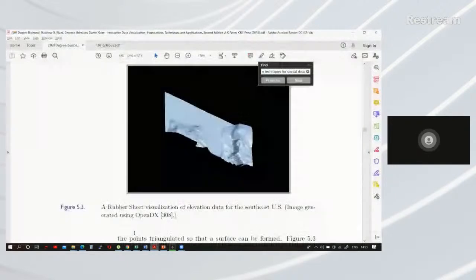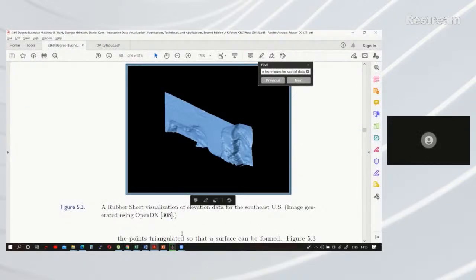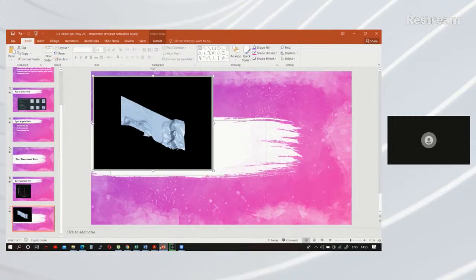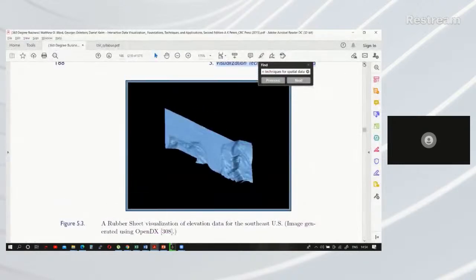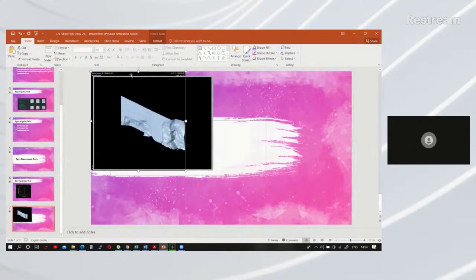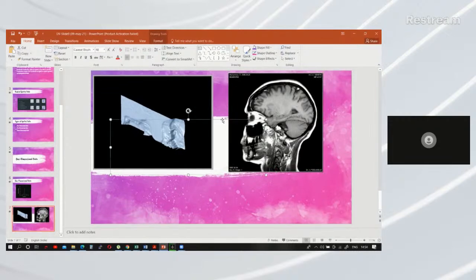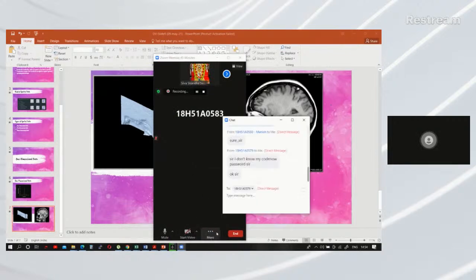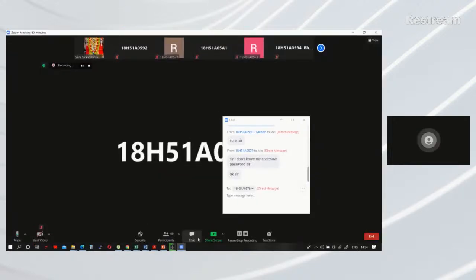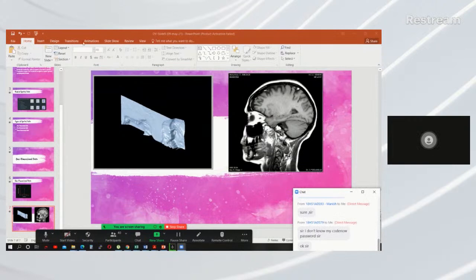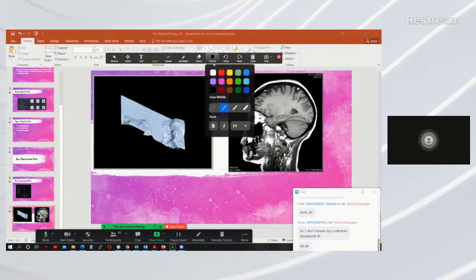So let us see, let us show you one 3D visualization thing. In a two-dimensional representation, this represents 2D spatial data of a rubber sheet.